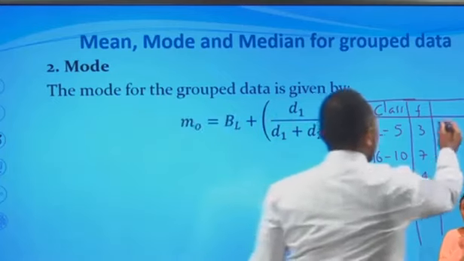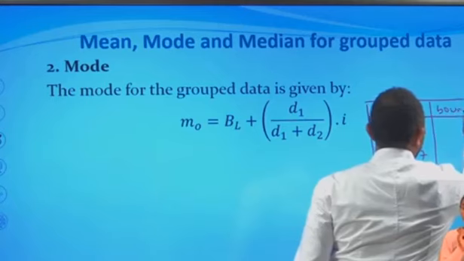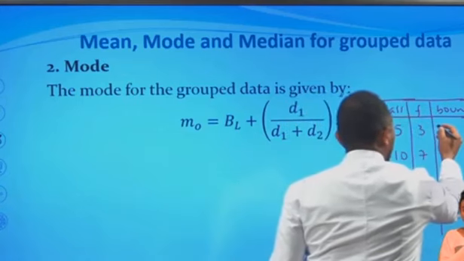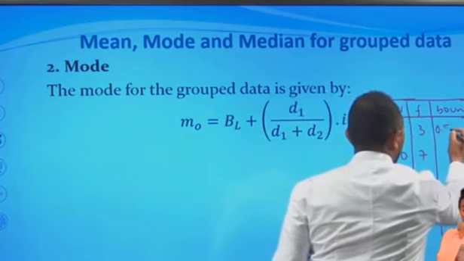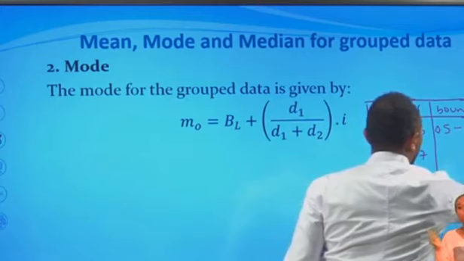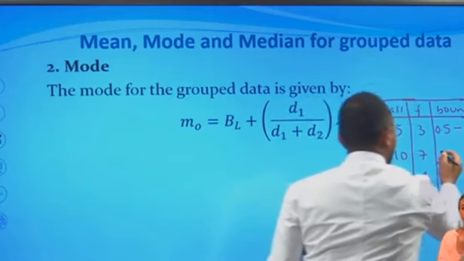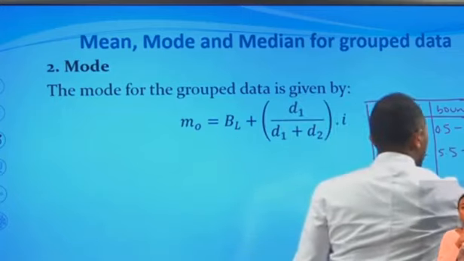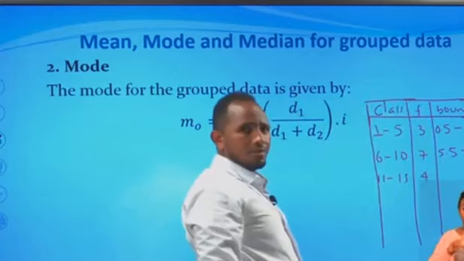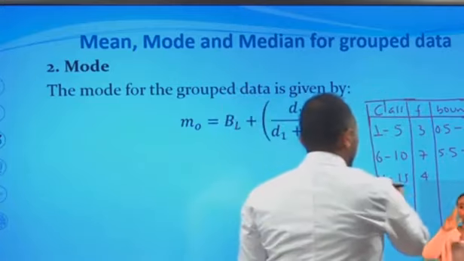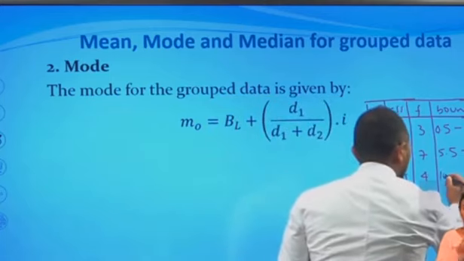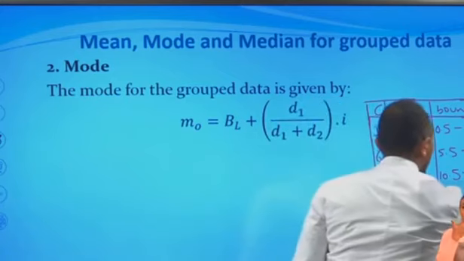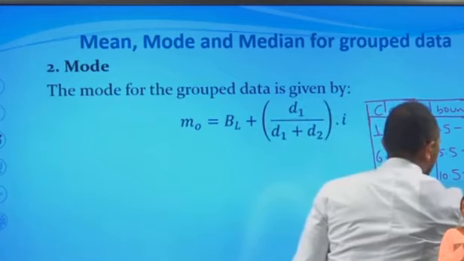So for the class boundary, you subtract 0.5 here, and it becomes 0.5 up to 5.5. The next one is from 5.5 up to 10.5. You subtract from the lower limit and add to the upper class limit. So here you have 10.5 up to 15.5.